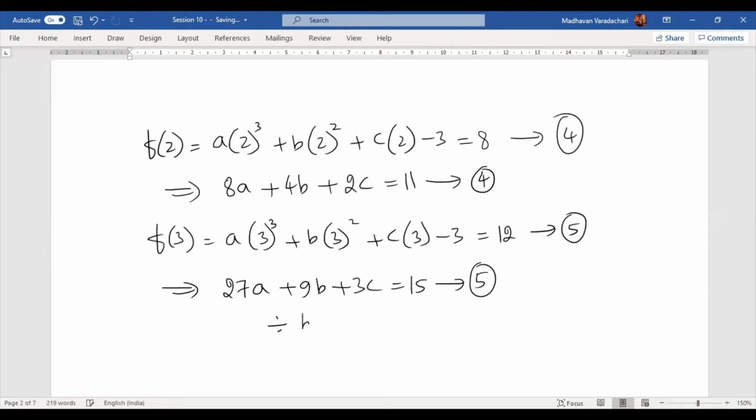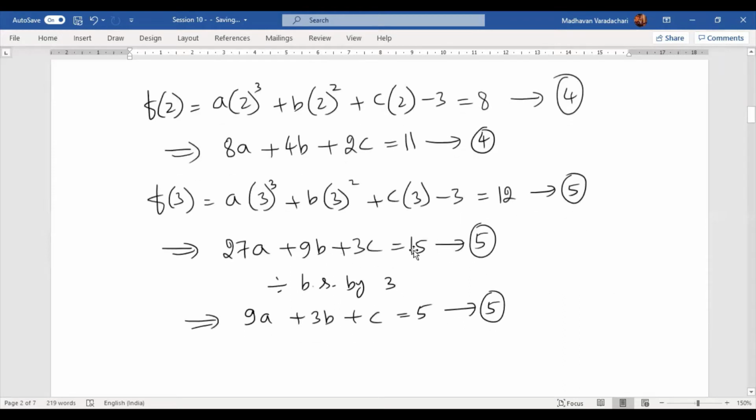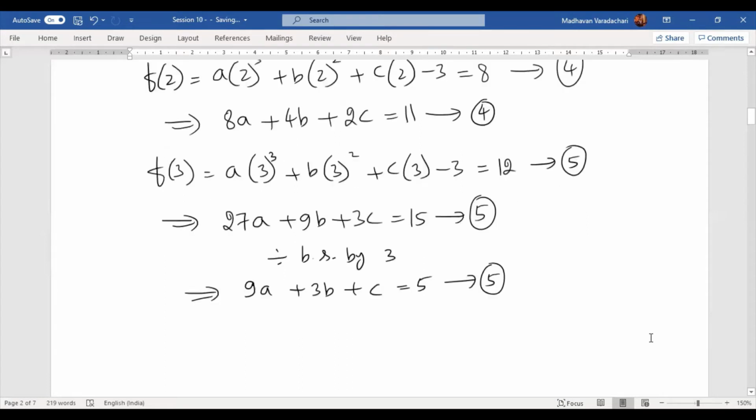So divide both sides by 3. If I divide 27 by 3, I get 9a. This will become 3b. This will become c is equal to 5. Again, rewrite this as fifth equation only, because this and this are the same. What I did is I simply divided all the numbers by 3. So this became 9, this became 3, this became 1, this became 5.